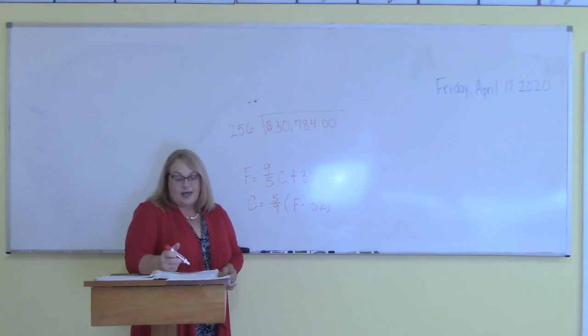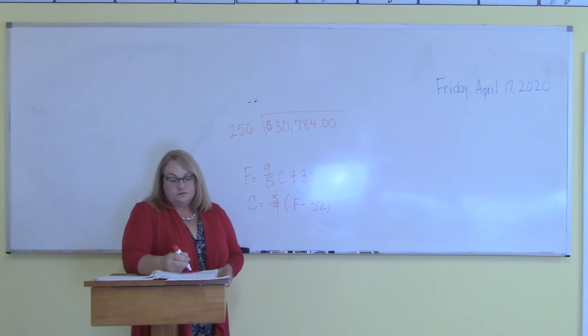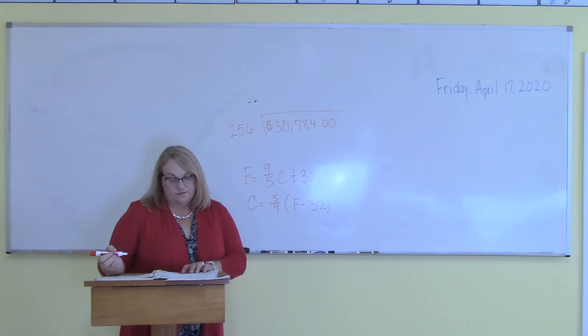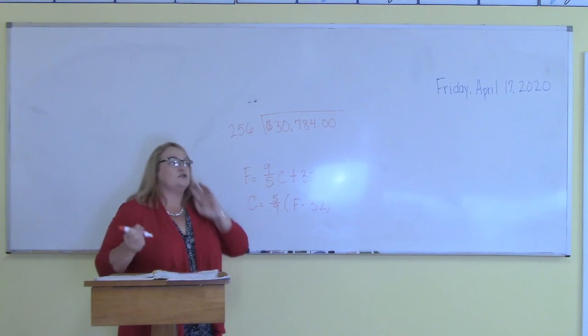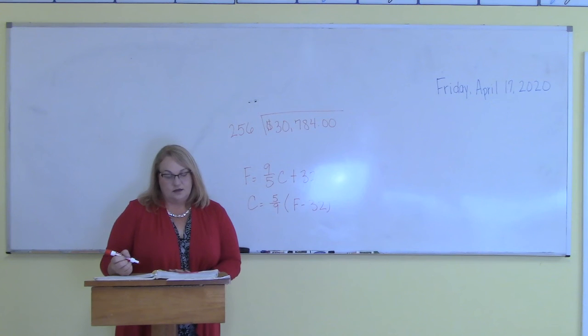So for 4A, Fahrenheit equals 9/5 times the Celsius plus 32. They give you the Celsius of 35. So Fahrenheit equals 9/5 times 35 plus 32. Don't forget to add your 32 at the end.